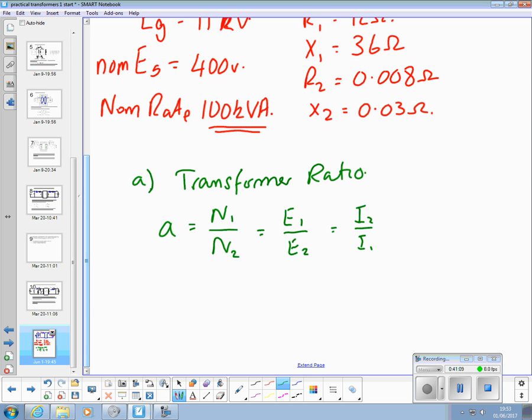So we can get a from any of those three things that we could find on the nameplate. Probably not going to tell you how many turns it is, but from the nominal voltages or the nominal primary and secondary currents, and they're always going to give you these two, we can get the transformer ratio.